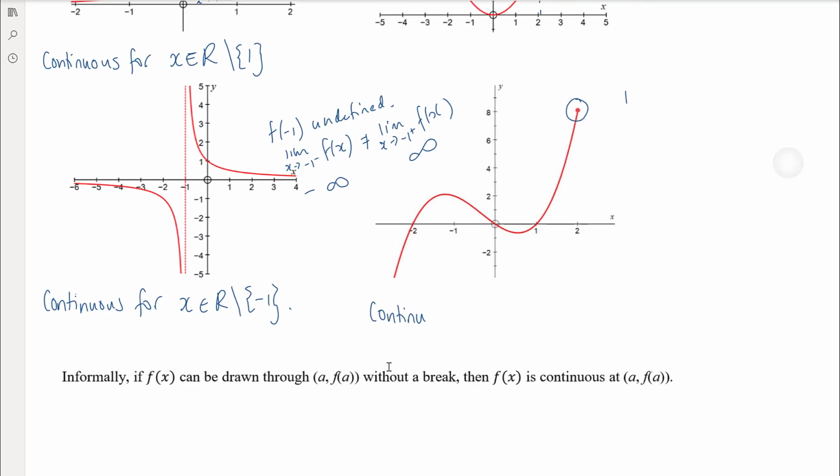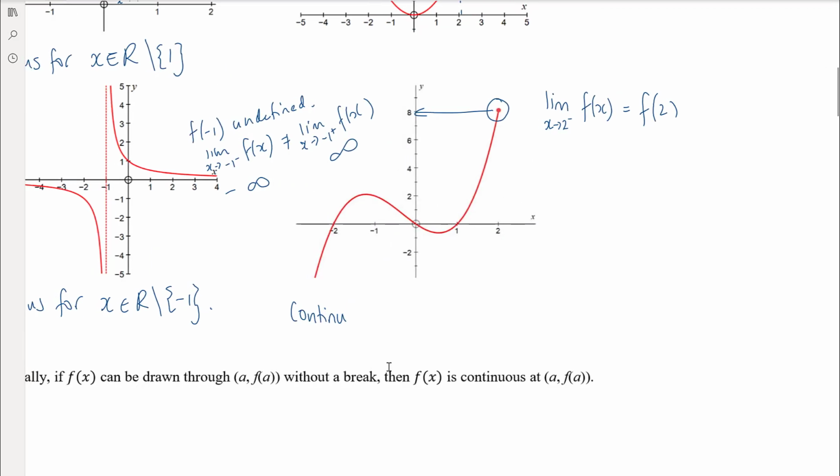We can certainly say the limit as x approaches 2 from below of f of x is equal to f at 2. Let's say that's 8. But the issue here is we don't know whether that's also equal to the limit as x approaches 2 from above, because the graph stops at that point.